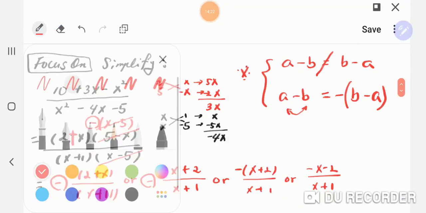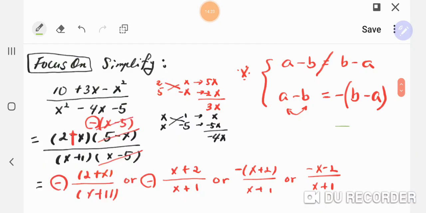Okay. So, let me give another example here. If you have something like this, the numerator is a minus b and the denominator is b minus a, then this is equal to what? Negative 1. Why?